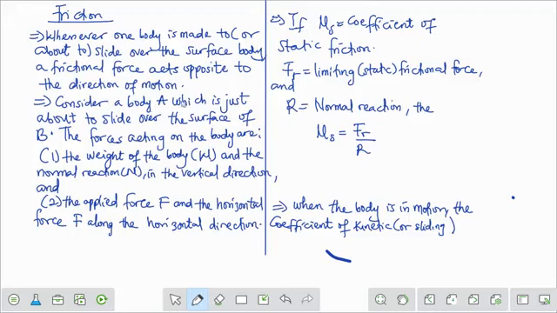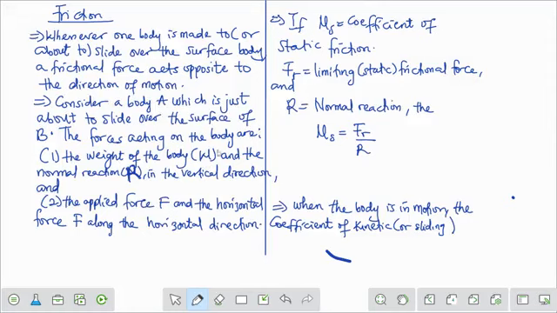Consider a body A which is just about to slide over the surface of B. The forces acting on the body are, number one, the weight of the body W, and the normal reaction R. I don't want to use N. Then the applied force F along the horizontal direction.